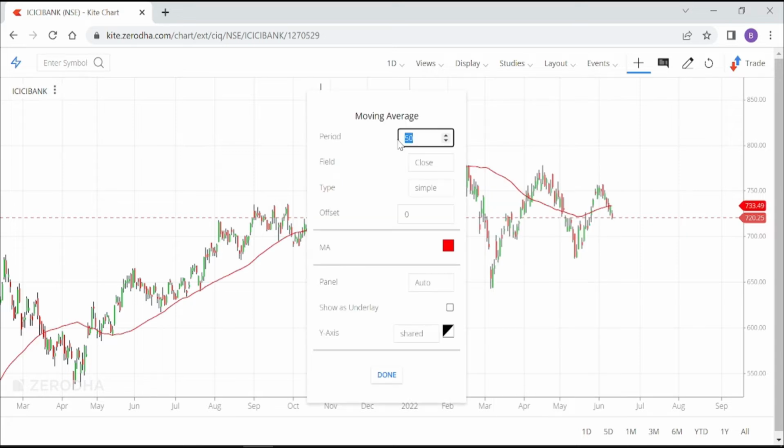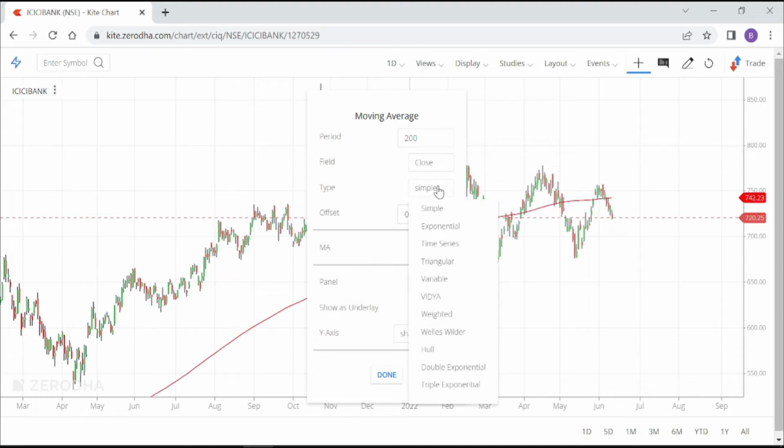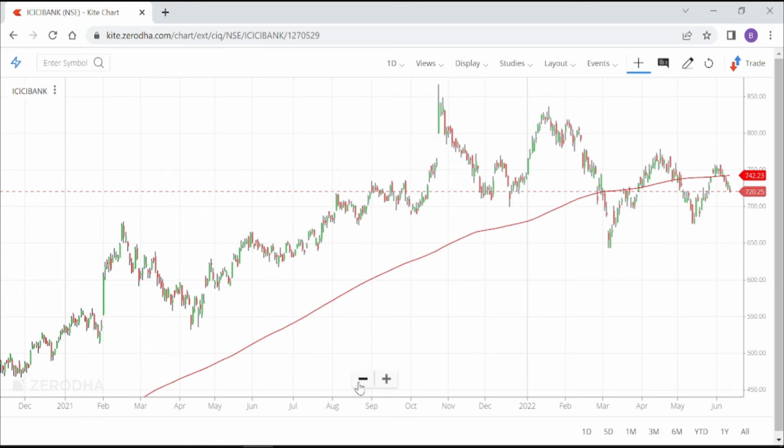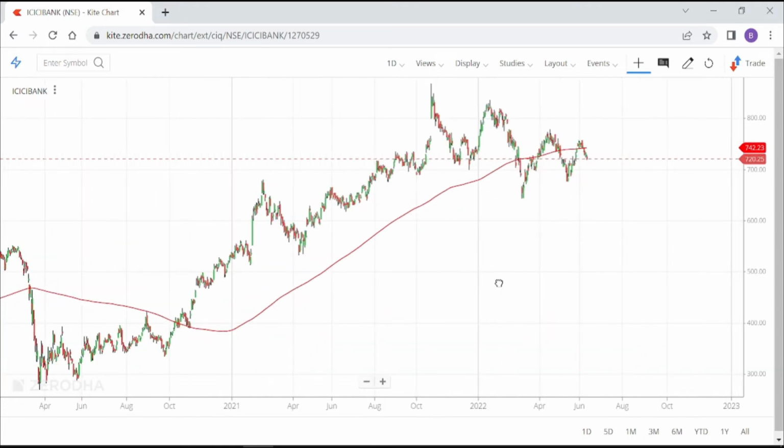Let's suppose we want to apply 200 days, the field is close, and type refers to what type of moving average we want to choose. Let's first look at the simple moving average. I've selected simple, the color I have chosen is red, and click done. This is how a 200 SMA indicator appears on the chart.